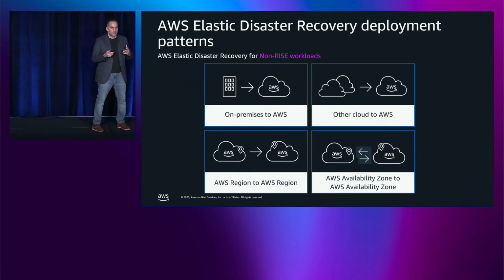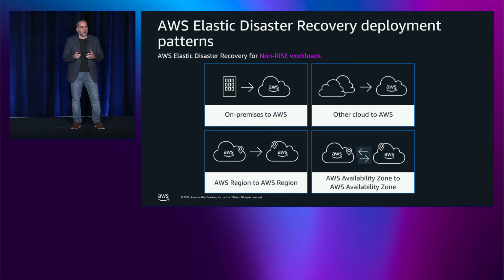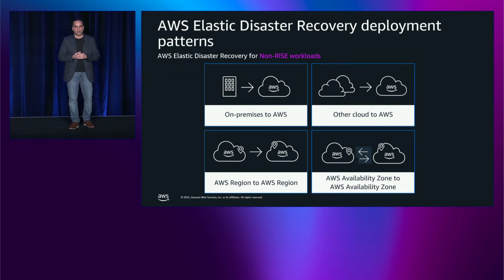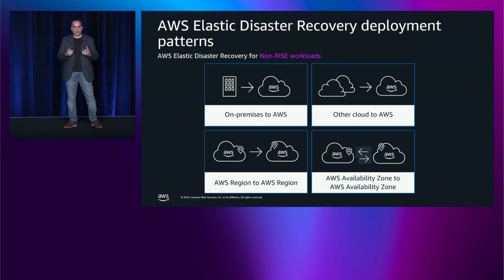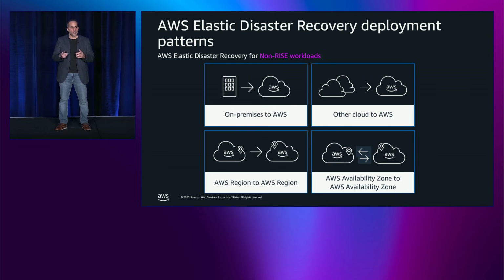For your broader application landscape, AWS Elastic Disaster Recovery supports multiple deployment patterns. Now, it could be from on-premise to AWS, within AWS regions, within AWS availability zones, or from other platforms to AWS.